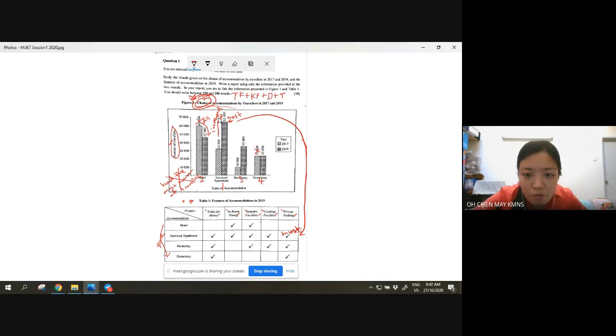Then you link back to dormitory, although dormitory had fewer, or you can say had less number of travelers compared to hotel. Or you can say but, here, but.